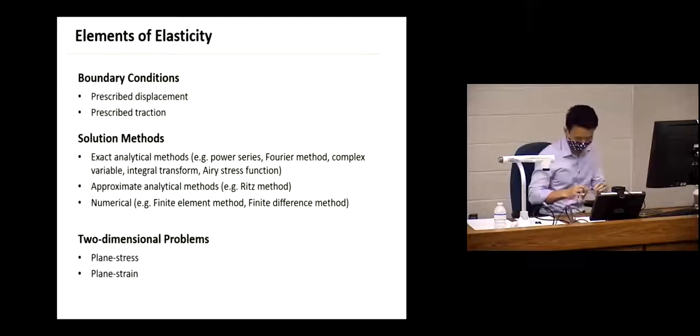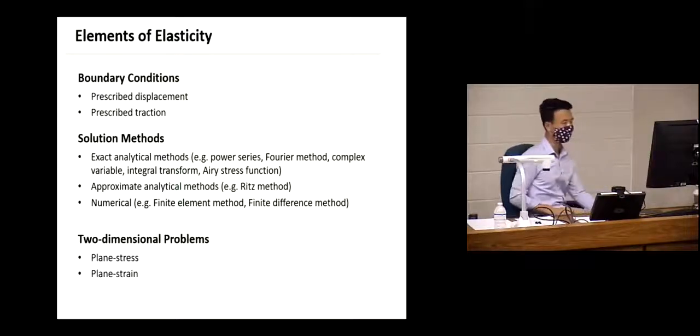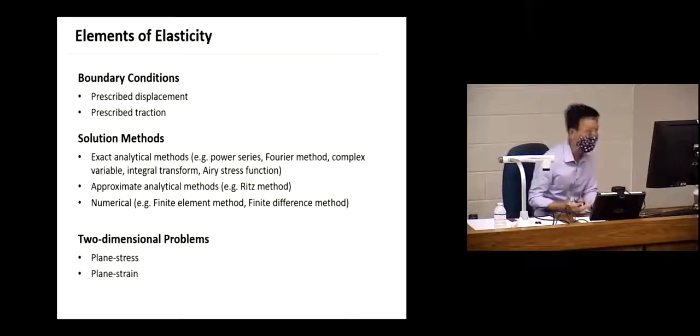Right, let's go back to this a little bit for a moment. Now we have all the equations down, and obviously the boundary conditions. We need boundary conditions to solve. So what we mean by boundary conditions is, for a piece of solid, what are the external forces or displacements being imposed on the solid, right? So the boundary conditions are specified only on the surface.